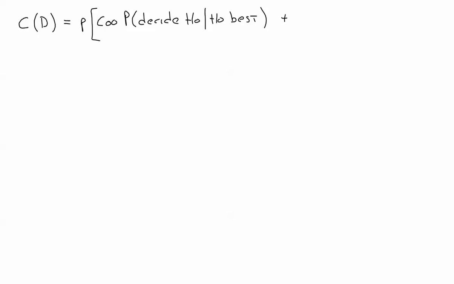The overall average cost of making a decision equals P times C00 times the probability that we decide to pursue alternative H0 when H0 is best, plus C10 times the probability we decide H1 given that H0 is best.